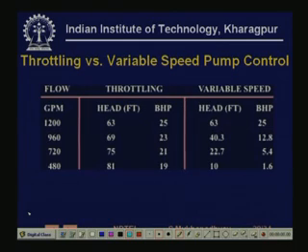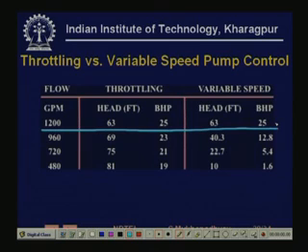At 1200 the head requirement is given, and the BHP requirement is 25. At 960 for throttling it is 23, hardly reduced, but for variable speed drive it is much more reduced, again because of the fan and the pump laws. So, a similar saving will result.